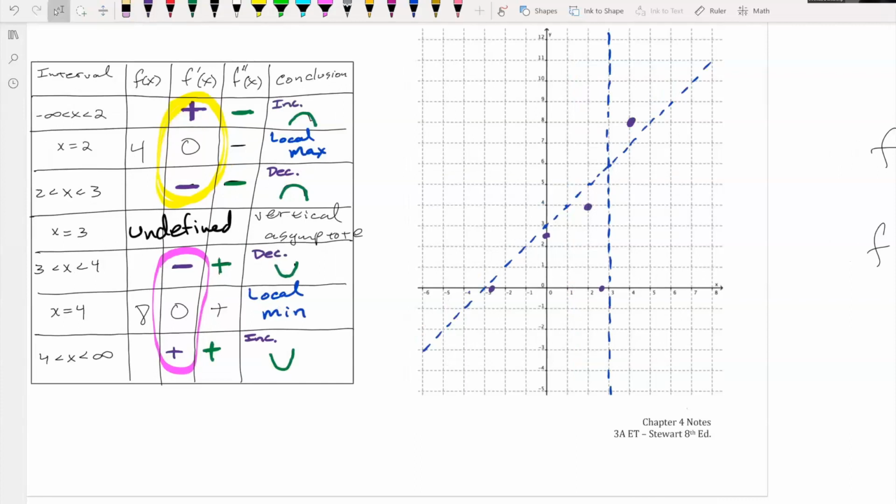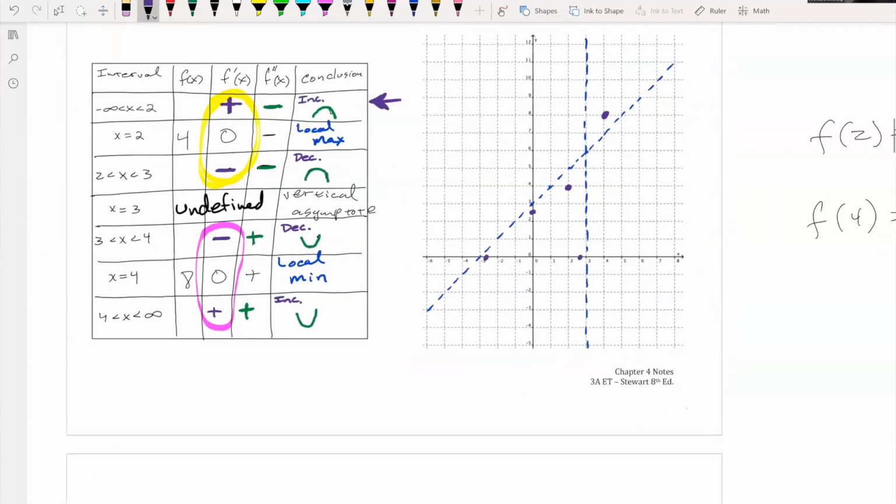So if we look at our first region here, it says we are increasing and concave down from negative infinity all the way to 2. Professor, where did you get the local max and local min points from? So using the first derivative test, we have a horizontal tangent line here and here. You see the 0 for the first derivative? Yeah.